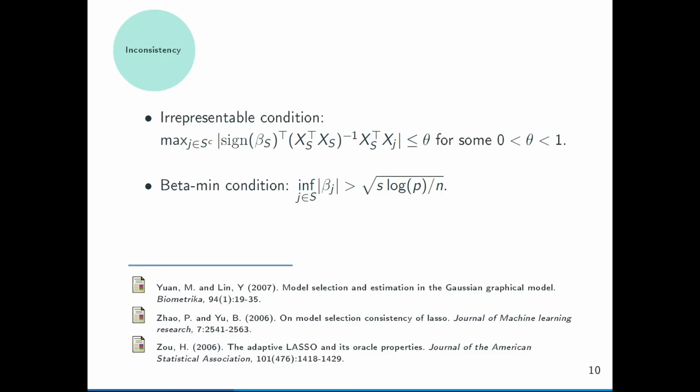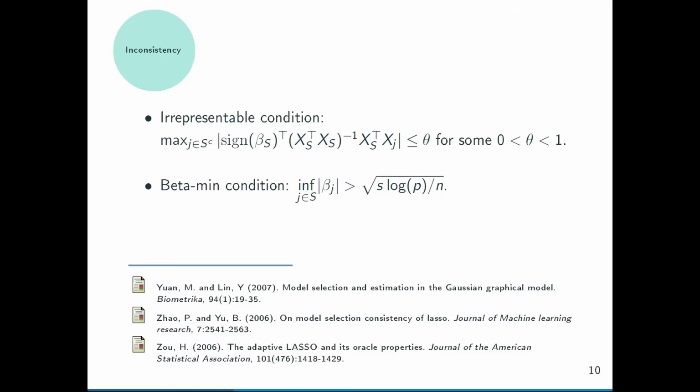So conditions such as the irrepresentable condition are needed in order to guarantee a good performance of the Lasso. This condition is related with a good structure of the data in order to be able to discern between the relevant covariates and the irrelevant ones.